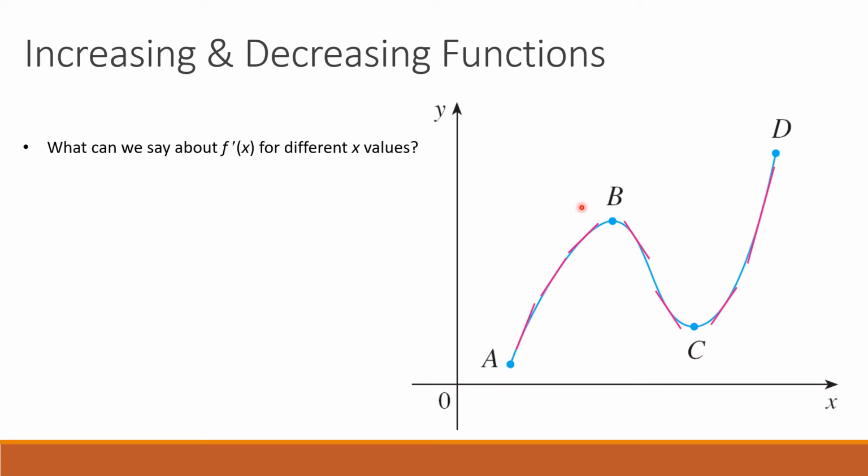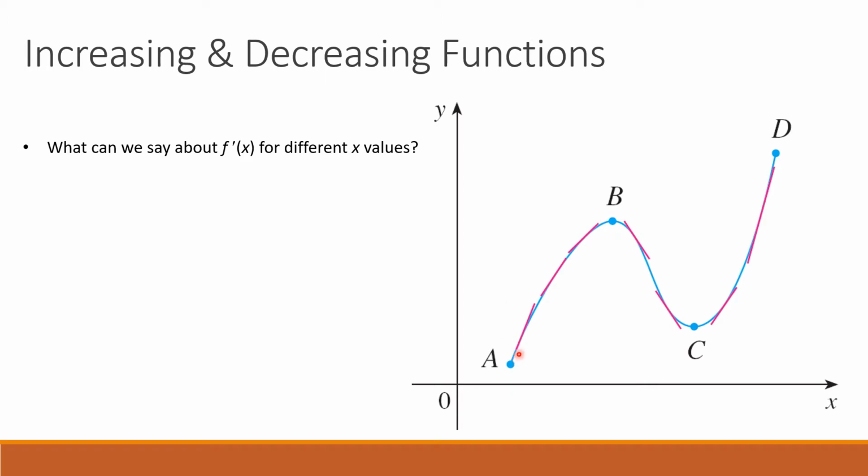For the same function, what can we say about the first derivative? Remember, f dash of x or f prime of x is the slope. So what can you say about the slope in here and the slope in there? If you notice that from a to b the function is increasing, you will find that the slope is positive.